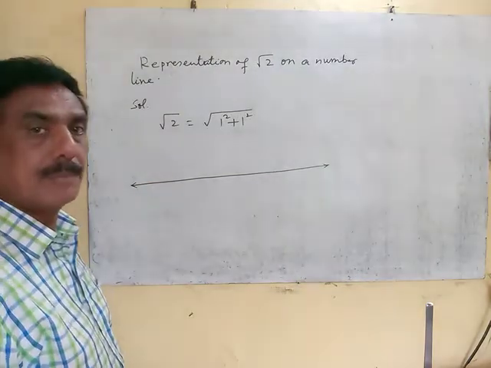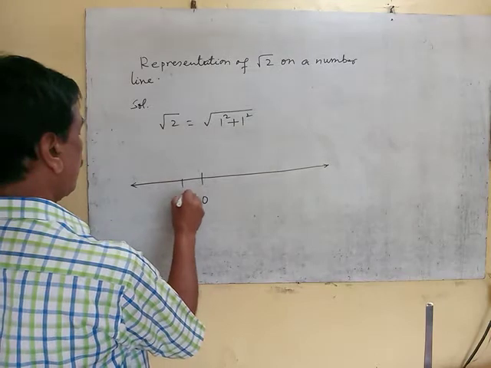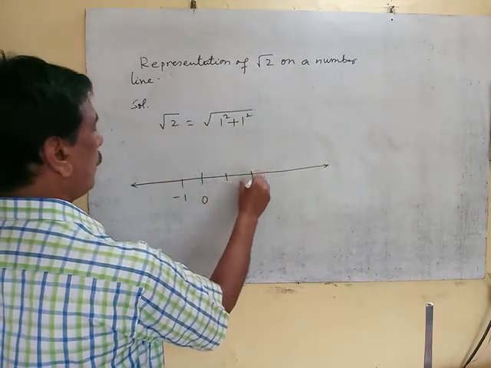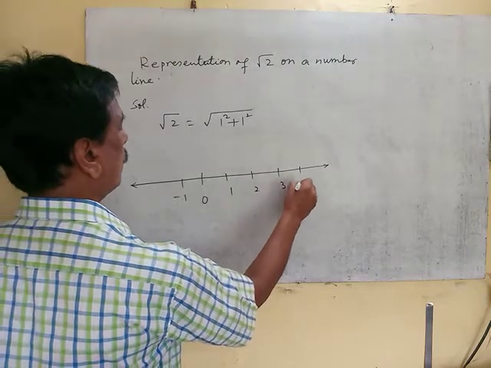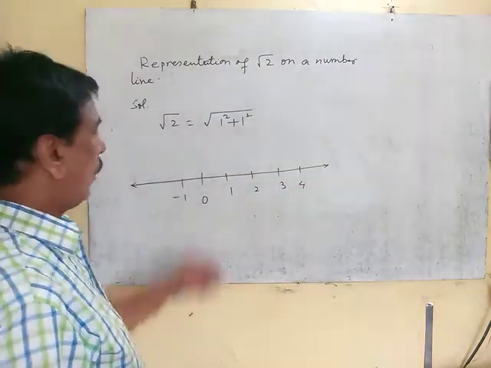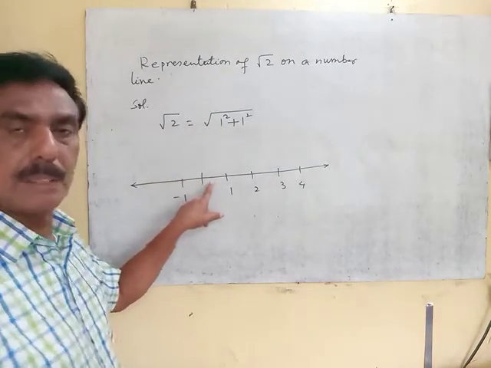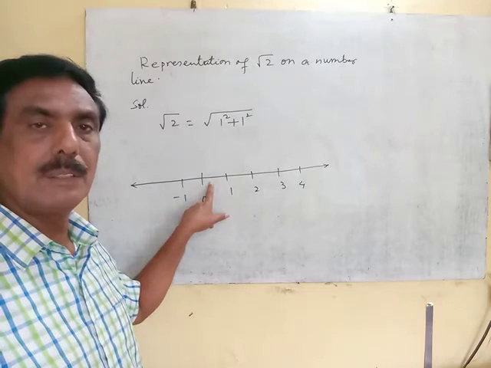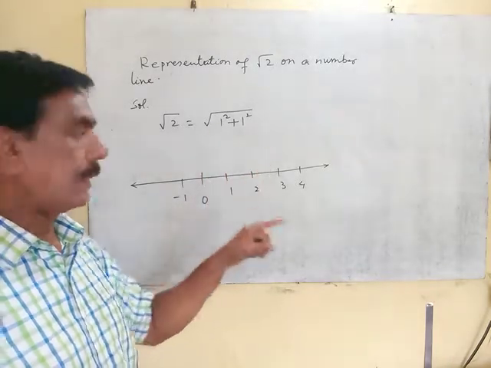Now draw a line. Put 0 here, minus 1, plus 1, 1, 2, 3, 4. Now, how much is this one? 1. Take 1 unit. This can be 1 centimeter, 1 inch, 2 centimeters, 4 centimeters, anything. 1 unit should be taken.